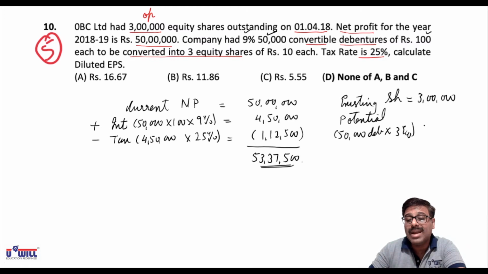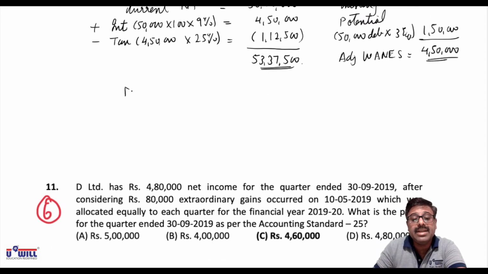So that would be 1,50,000, means adjusted weights will be 4,50,000. These are adjusted weights and these are adjusted profits. So now we apply the formula. Diluted EPS is equal to adjusted profits 53,37,500 divided by adjusted weights 4,50,000.